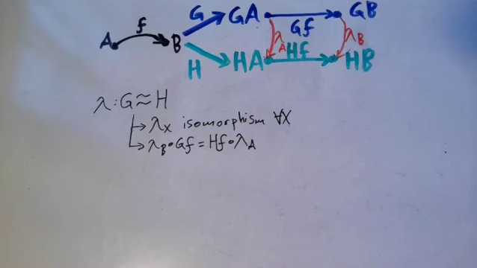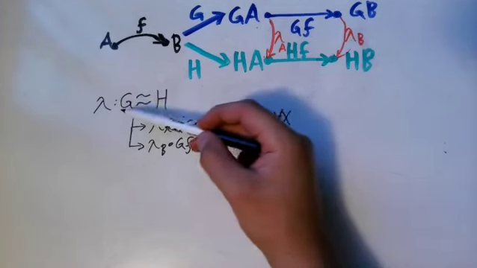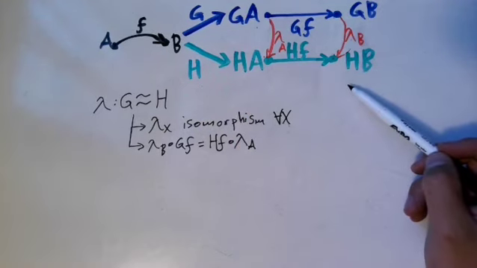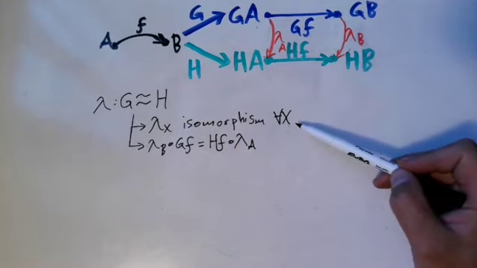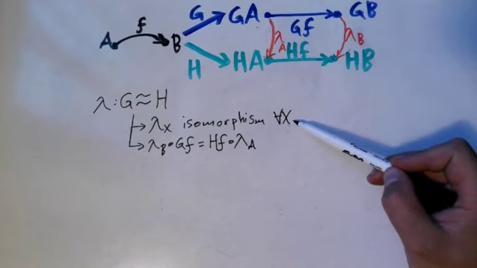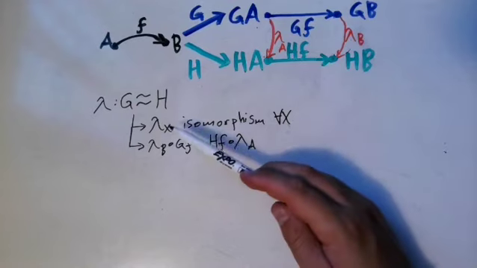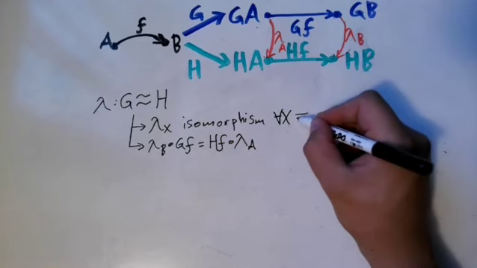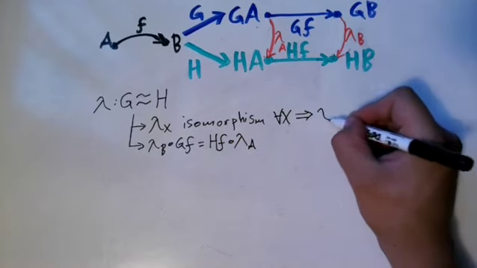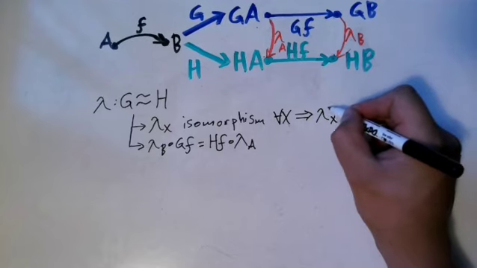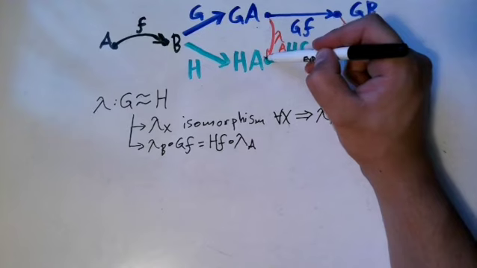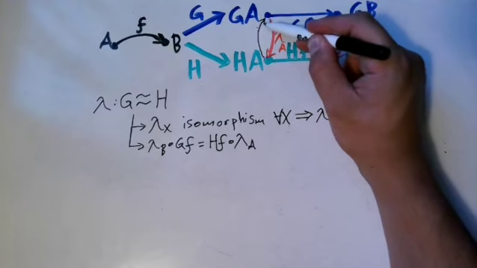Supposing we have a natural isomorphism from a functor G to a functor H, represented in the diagram above, then we know first of all that every object X has a component lambda X which is an isomorphism, but that also means that every component has a unique inverse, going back the other way in this diagram.